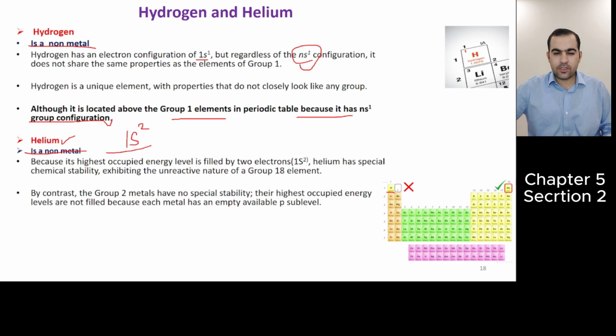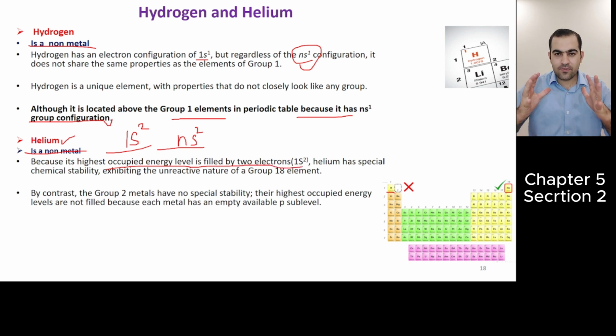Its group configuration is not like group 2. Group 2 group configuration is ns2. It has 2 electrons in the last shell, like group 2. It has 2 electrons in the last s. So why have we not placed it above group 2? Because its highest occupied energy level is filled by 2 electrons.